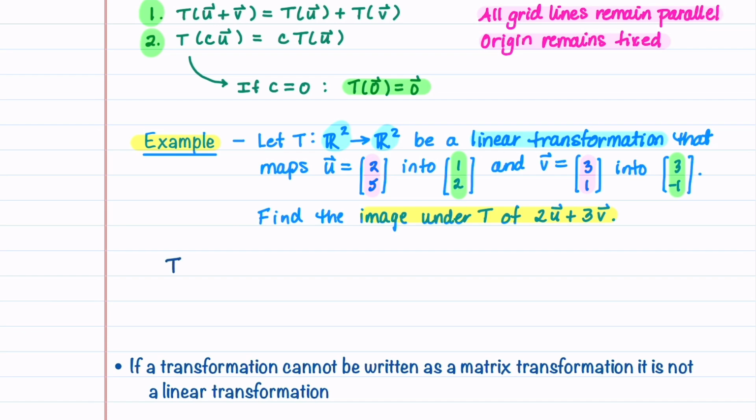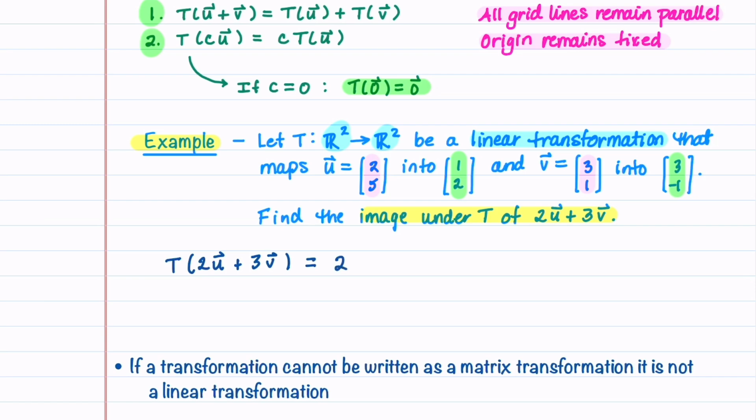We're going to take the transformation of 2U plus 3V, and we're going to use the properties above. We're going to pull out the constants and take the transformation of U and V separately.